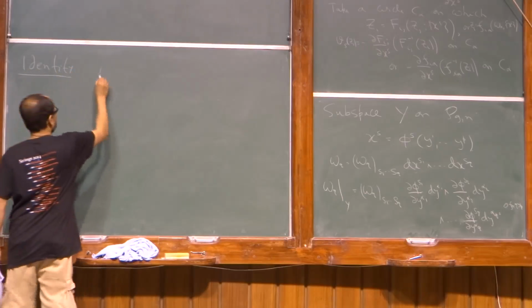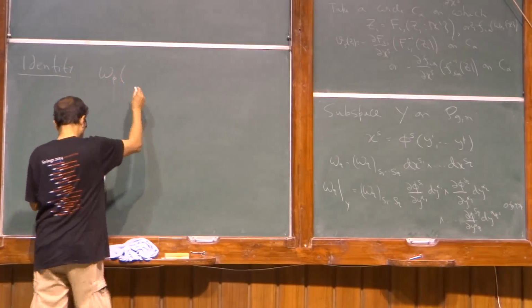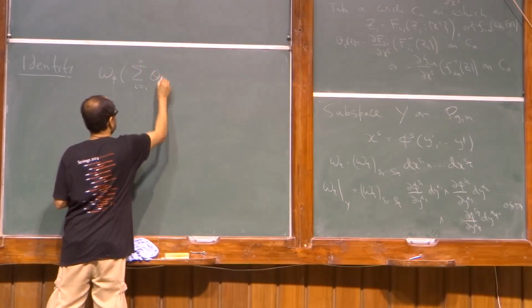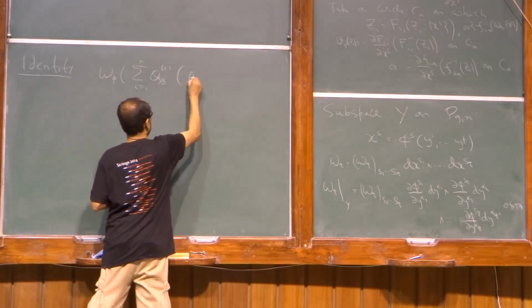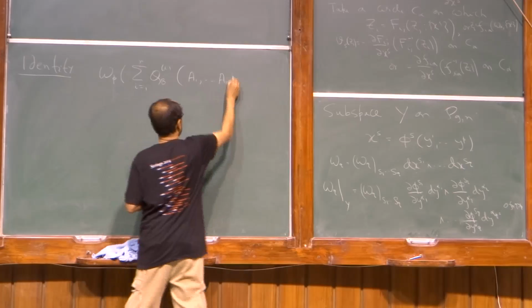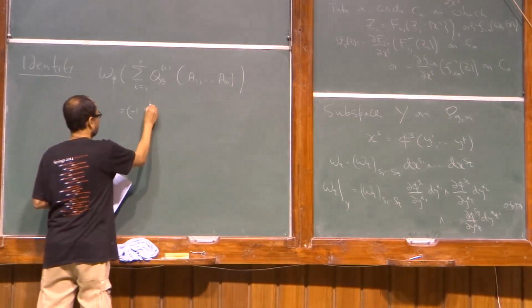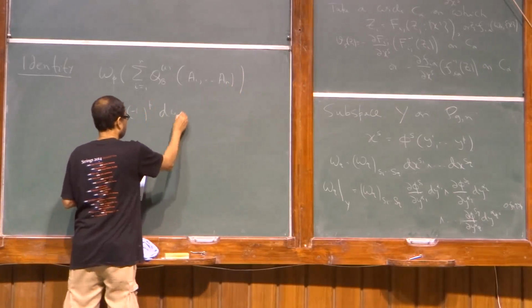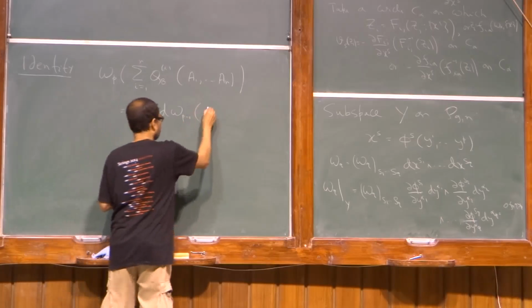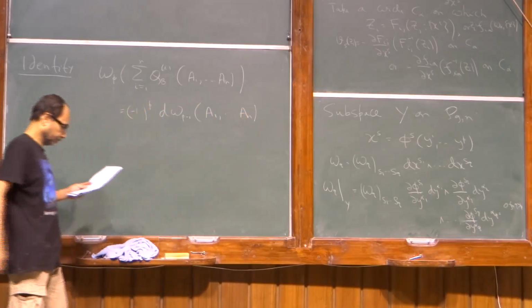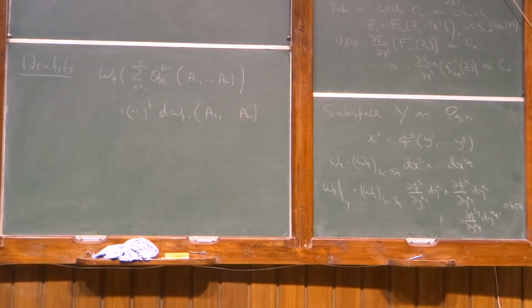We said that omega p of the sum over i equal to 1 to n of p di on A1 to An is minus 1 to the p d omega p minus 1, and this is the identity which we tried to motivate last time.